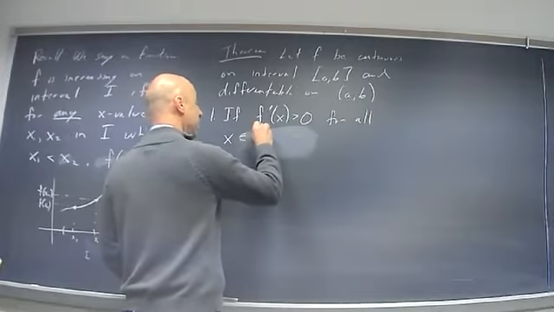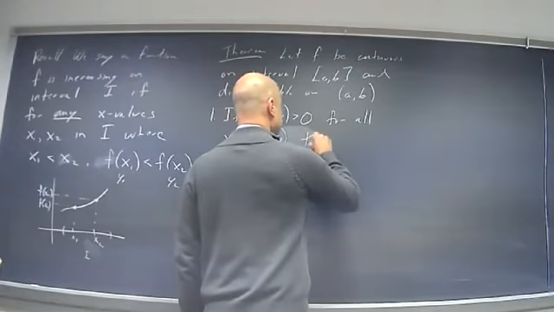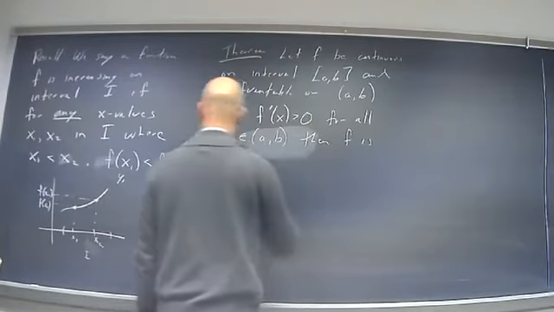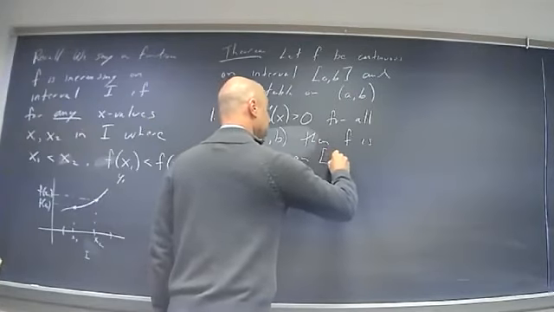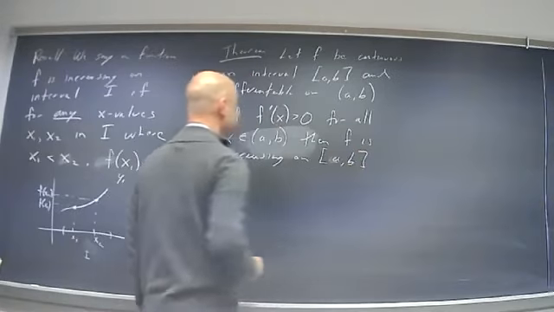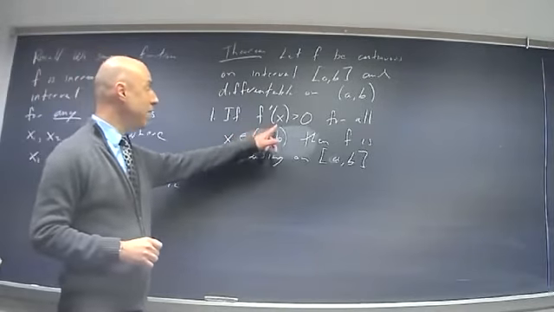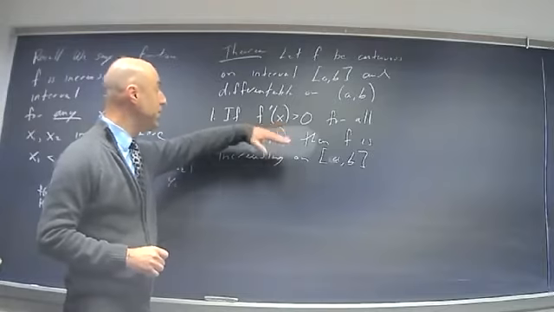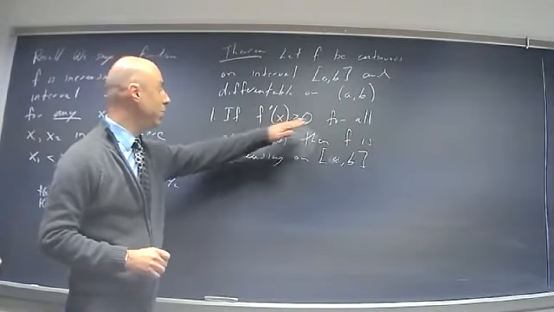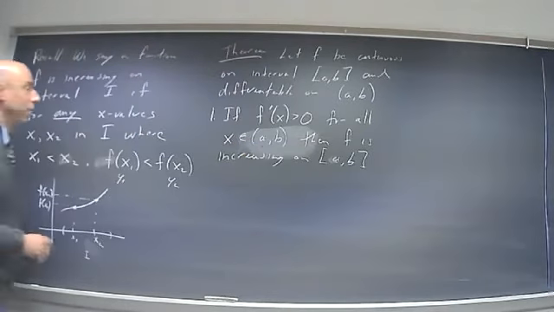For x in the interval AB, then f is increasing on AB. So if the derivative is positive everywhere inside the interval, then the function is increasing on AB. That doesn't mean that the definition of increasing involves the word derivative. It just says if the derivative happens to be positive at every x value between a and b, then this definition is true.